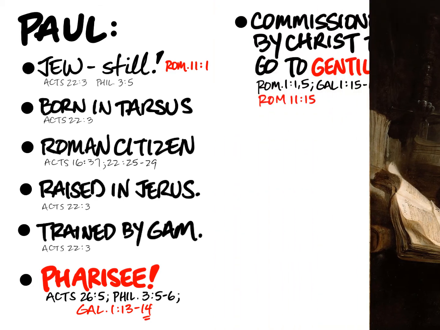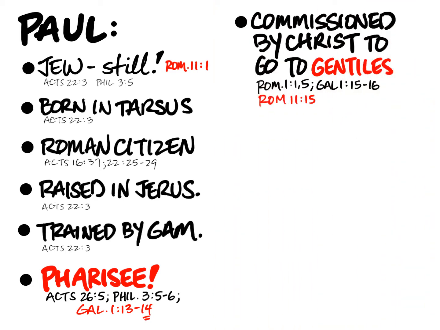And then as well, remember he was commissioned. This will help us appreciate some of the references in Romans 2. He was commissioned by Christ when Jesus appeared to him. He was personally commissioned by Christ to go to the Gentiles, and so he refers to himself in several passages as the apostle to the Gentiles.